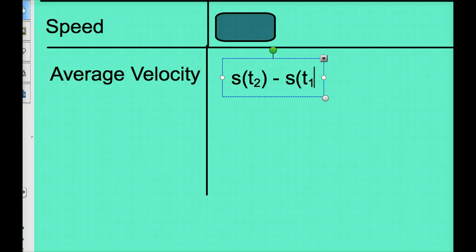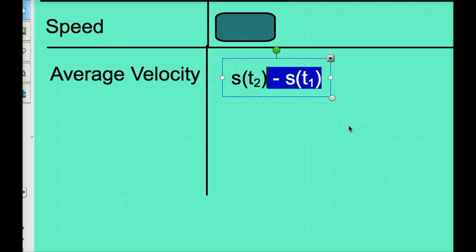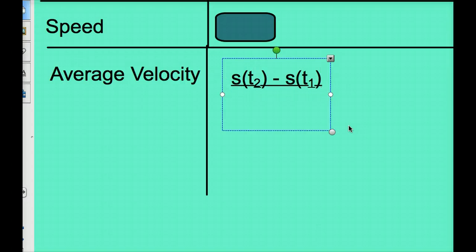And these are typically given to you in brackets, so I'll write that to the side. It's all of this divided by t2 minus t1.